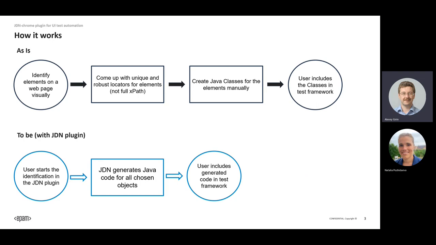Or, well, at least simply help you to create page objects. This is how the JDN plugin was born. So to summarize, in normal mode, you do everything by hand. With the JDN plugin, the creation of page objects and initial generation of the test framework is handled by the plugin.